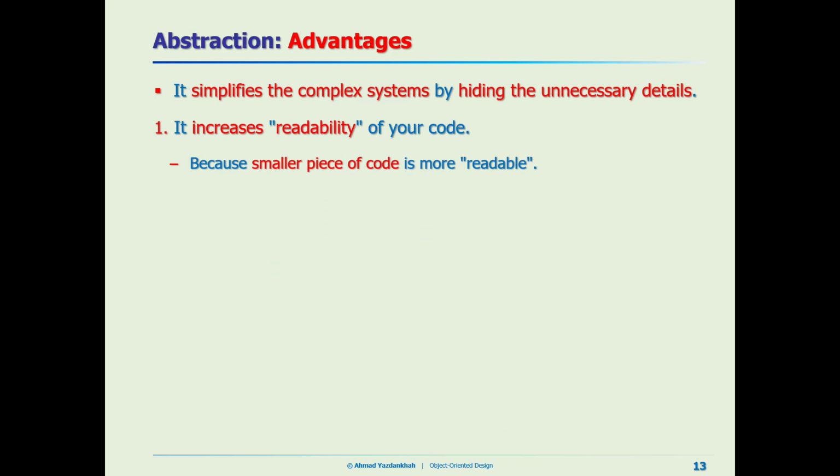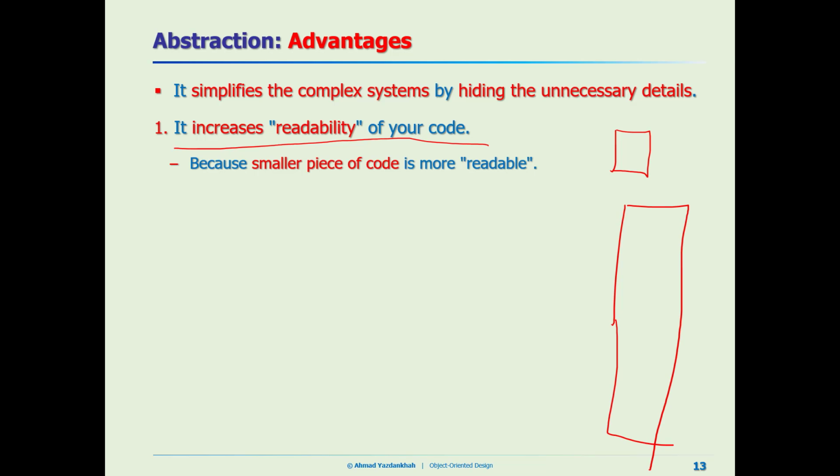So abstraction gives you the ability to simplify complex things, right? When you do that, what do you get? It increases the readability of the code. A smaller code is more readable than a very long code.